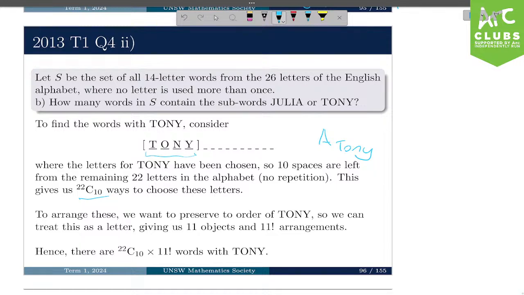And we know that since there's 10 letters and 1 Tony, there will be 11 objects, which we can arrange in 11 factorial different ways. Thus, since there are this many ways to choose the letters and this many ways to arrange them, we find that there's 22 C 10 times 11 factorial words which contain Tony. So do people get that?